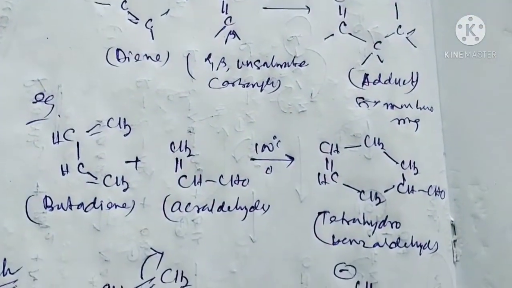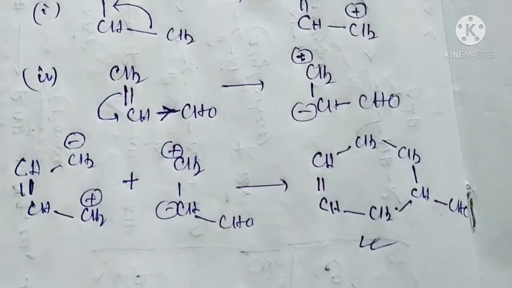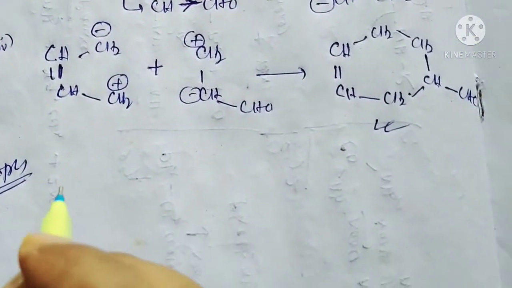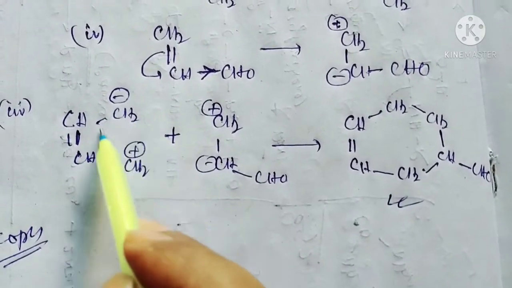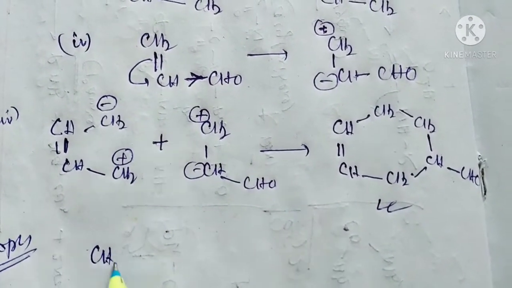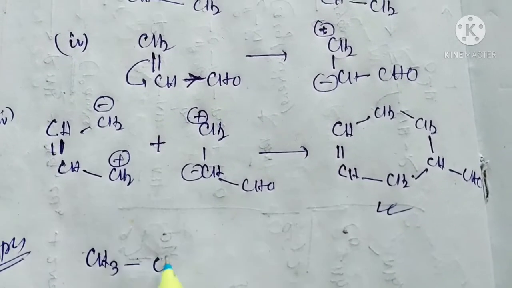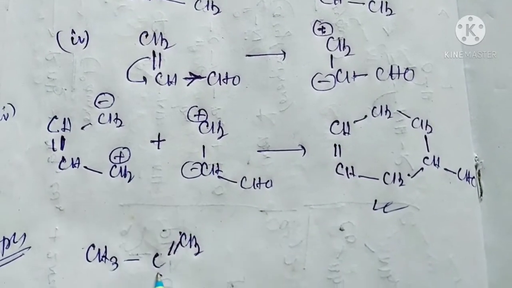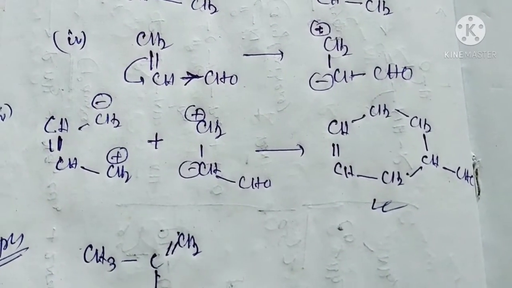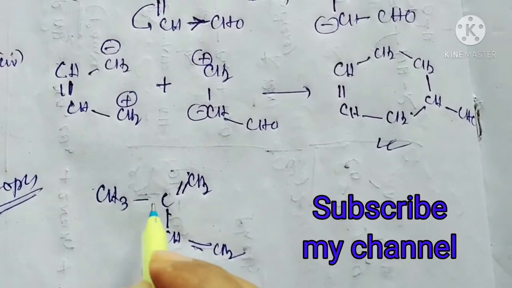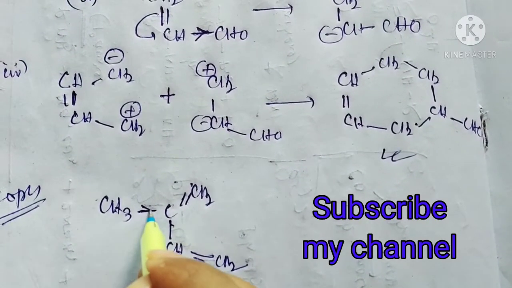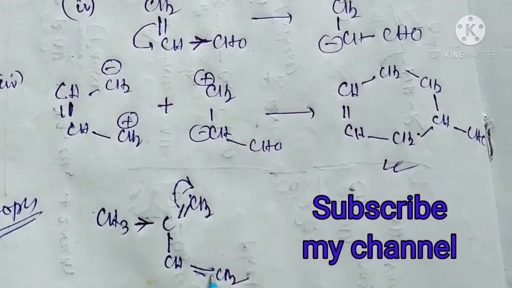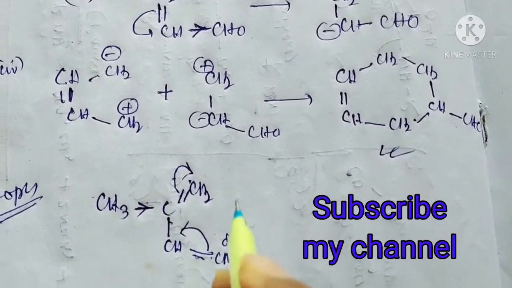Now here in this case, I am going to tell you some of the scope. In case of this butadiene, if we take this compound for this diene portion, you can see due to this inductive effect, it will be the -I, and here it will form the +I.